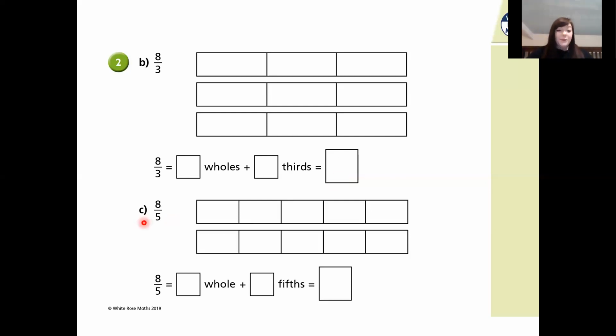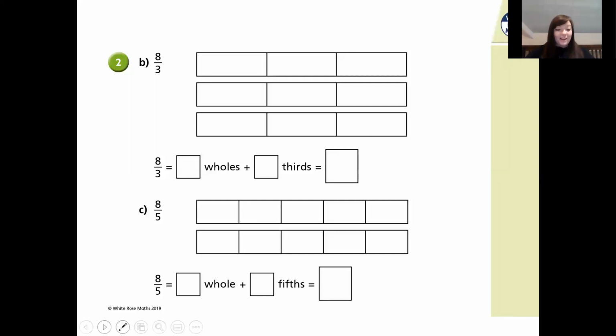For C, you need your 2 bars, and they need to split into fifths. So you need 5 equal parts in each bar. Then again, you need to colour in 8/5. Then you need to see how many wholes you have and how many fifths you have left over. So please pause the video and do that now.